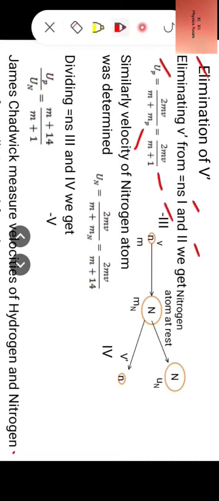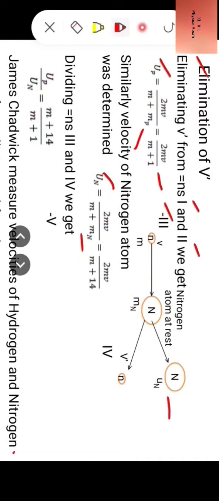Now similarly, the velocity of the nitrogen atom was determined by bombarding it with a neutron, and in the same way we can write un is equal to 2mv divided by m plus mn.